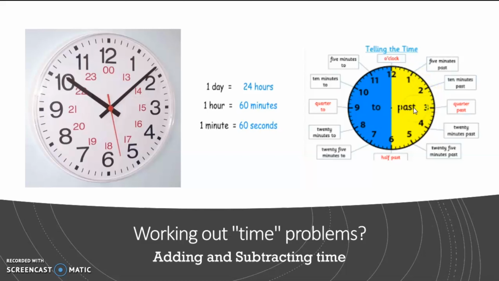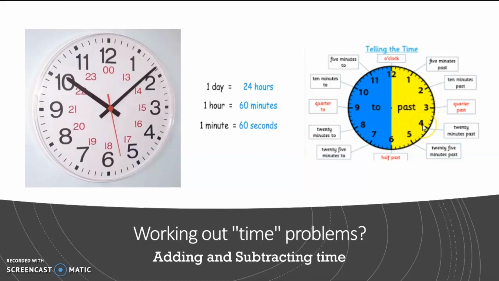The 3, which is down here, if the hour hand was facing it, would mean it's around the 3 o'clock mark, but if the minute hand is facing it, it relates to 1, 2, 3, 4, 5, 6, 7, 8, 9, 10, 11, 12, 13, 14, 15 minutes past.